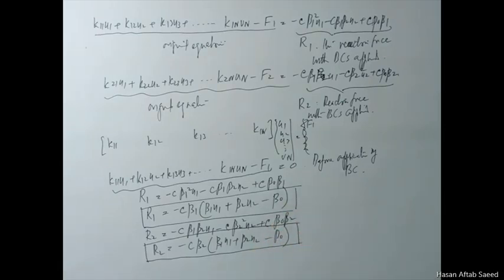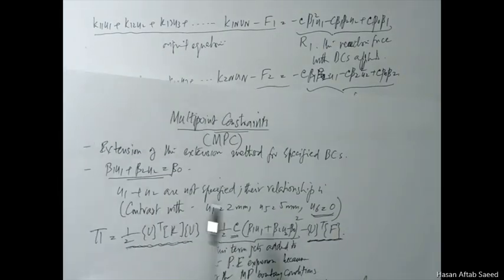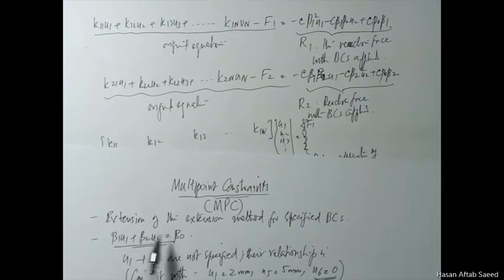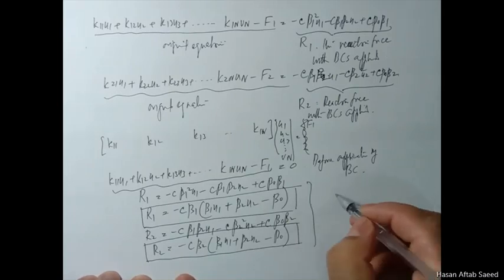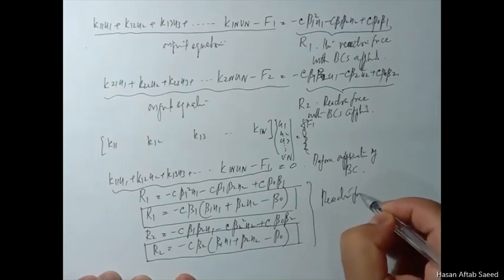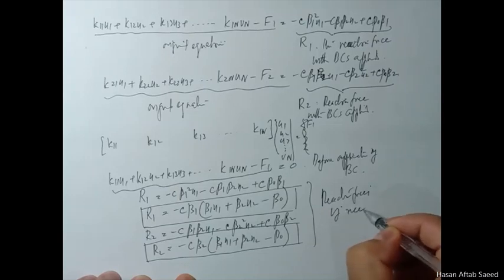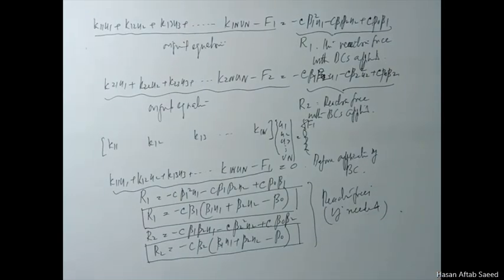First of all, inside the bracket we have the same beta 1 U1 plus beta 2 U2 minus beta naught, which is nothing but the original multi-point constraint. Easy to remember. The only difference is outside the bracket: here you have minus C beta 1, here you have minus C beta 2. That's all. So this is how you apply the boundary conditions, and this is how you calculate the reaction forces if needed, and this is rarely needed.